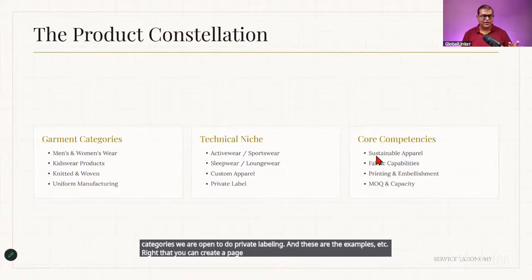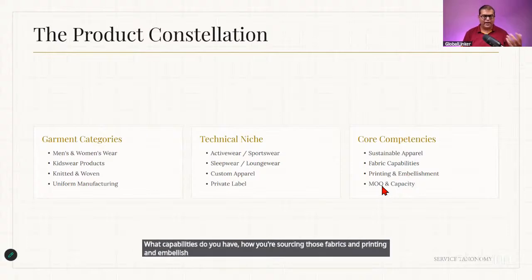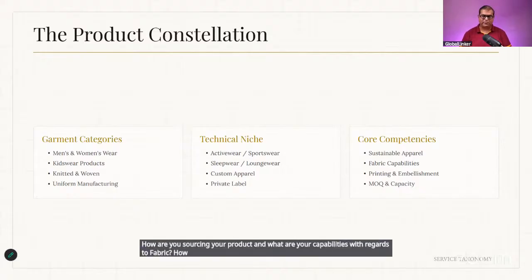Then you have sustainable apparel. So if you deal in sustainable apparel, fabric capabilities, how you're sourcing those fabrics, and printing and embellishment capabilities, MOQ. These are more information pages, but these are all related to the sourcing. If someone wants to do business with you, they would want to understand how you are sourcing your product, and what your capabilities are with regards to fabric, printing and embellishment.